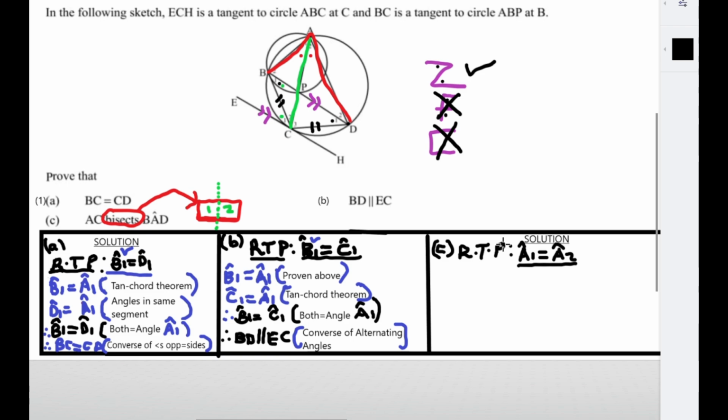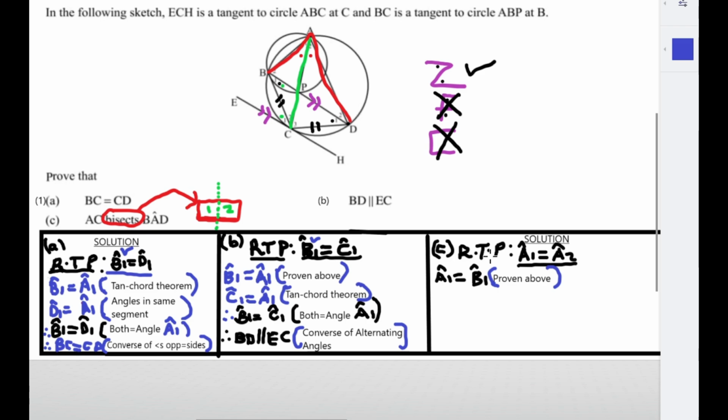We need to prove them one by one. What is angle A1 equal to? Angle A1 must be equal to angle B1. That is proven in the previous question, question A. So we're done with angle A1.